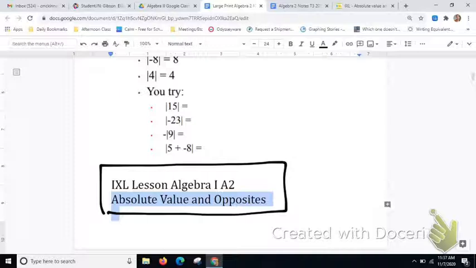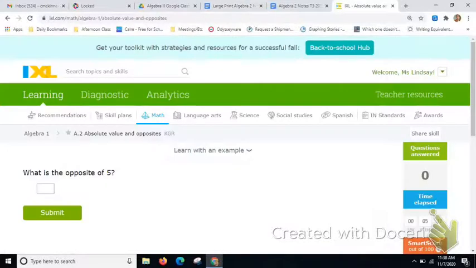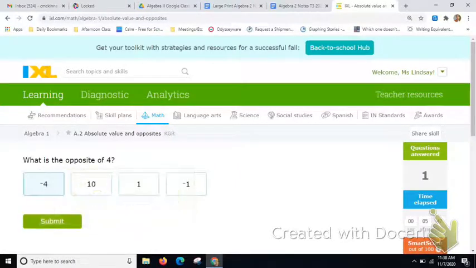So I'm going to show you a few examples there just to help you be prepared. So you're going to want to make sure that you actually read the question. This says, what is the opposite of 5? So negative 5. Change the sign for opposite. What is the opposite of 4? Negative 4. The absolute value of negative 4, that's like it's in the bars.